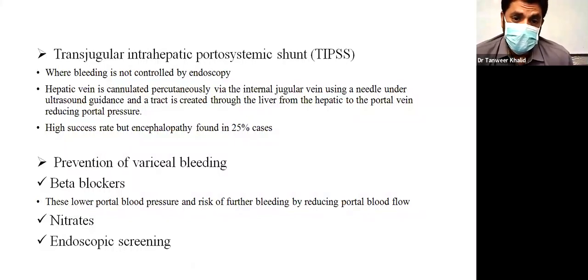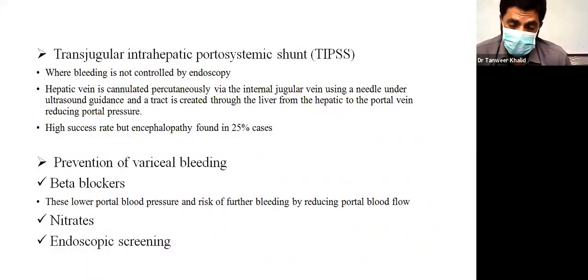Another option is the transjugular intrahepatic portosystemic shunt. It is done where bleeding is not controlled by the endoscope. A patient came to you, you did an endoscopy, but you cannot control the bleeding, and then you proceed to the transjugular intrahepatic portosystemic shunt. Basically, we create an anastomosis between the portal vein and the hepatic vein, a communicating channel. The portal vein carries blood from the viscera to the liver, and the hepatic vein carries blood from the liver to the heart.